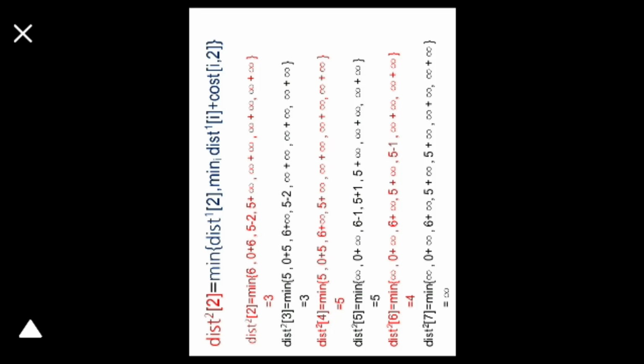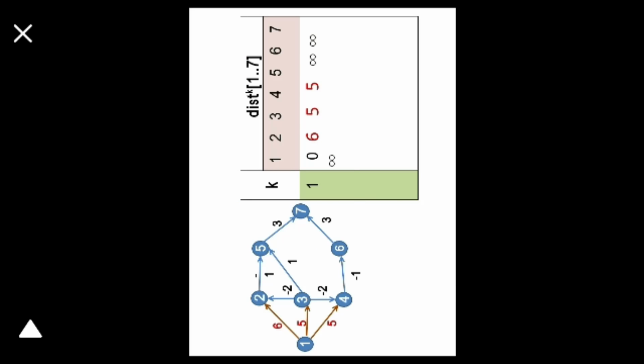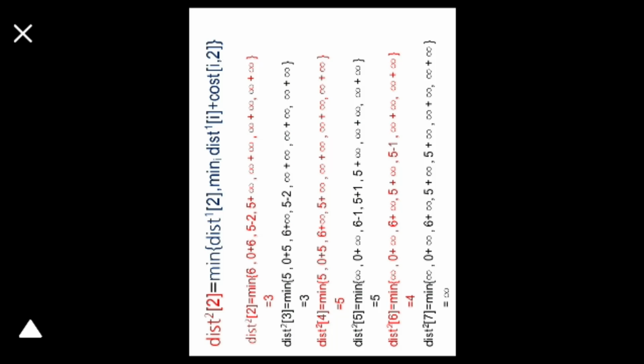So now here if I take the first row, that is in the red color font. So distance from source to vertex 2 with two edges is minimum of 6 comma, that is 6 is 1 to 2 with one edge, 1 to 2 with one edge is 6, comma 0 plus 6, means source to 1 is 0 plus 1 to 2 is 6, then 5 minus 2 means source to 3 is 5 and 3 to vertex 2 is minus 2.